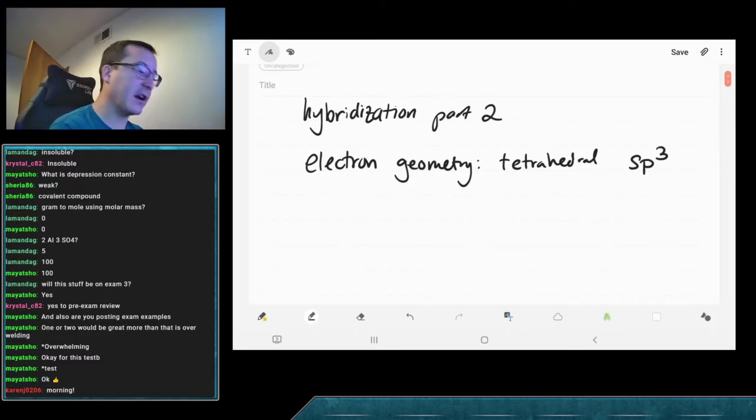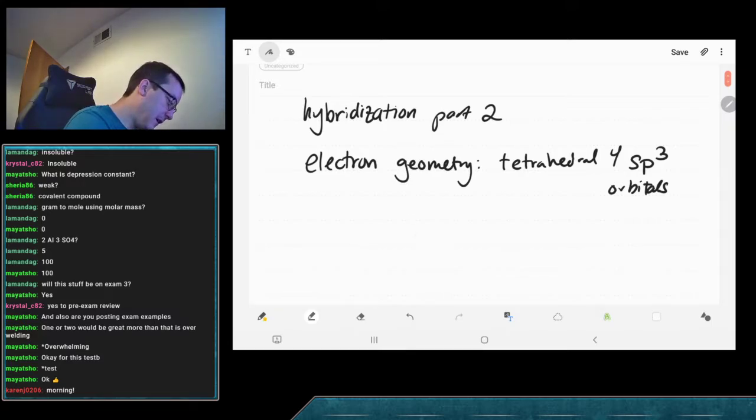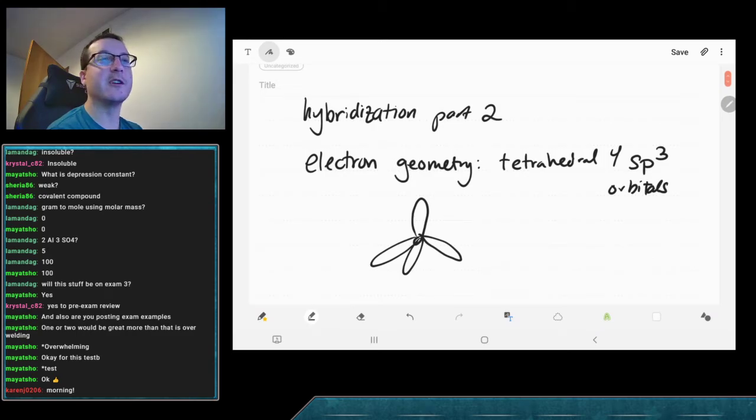You're going to have 4 sp3 hybrid orbitals. And if we were to draw them, we would see that they're going to be in that shape. So if you have 4 domains, you have 4 hybrid orbitals.